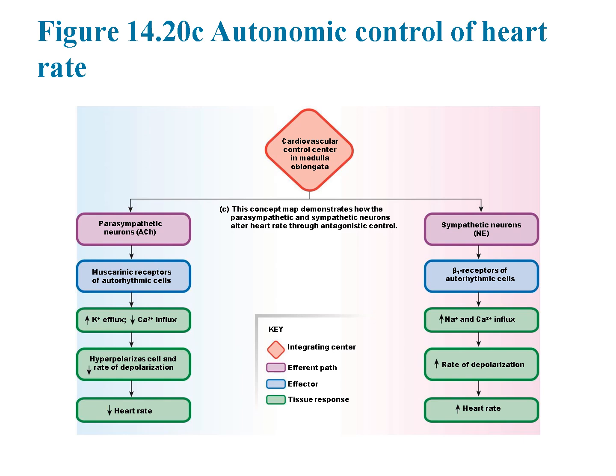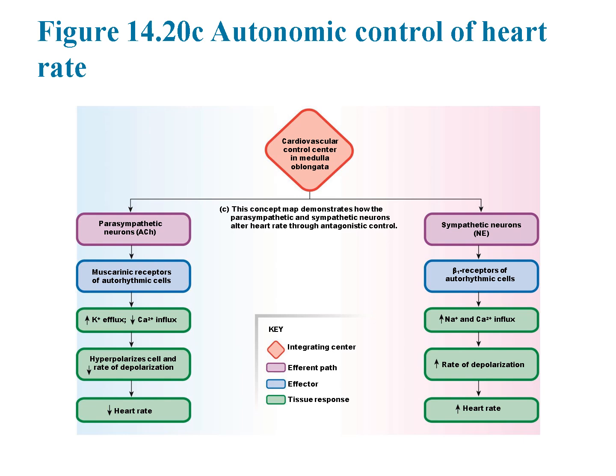On the left side, parasympathetic neurons release acetylcholine, which binds to muscarinic receptors on autorhythmic cells in the sinoatrial node. This triggers an increase in potassium efflux and a decrease in calcium influx, leading to hyperpolarization of the cell membrane. As a result, the rate of depolarization slows down, delaying the threshold for action potentials. This process effectively reduces heart rate, promoting a state of relaxation and energy conservation.